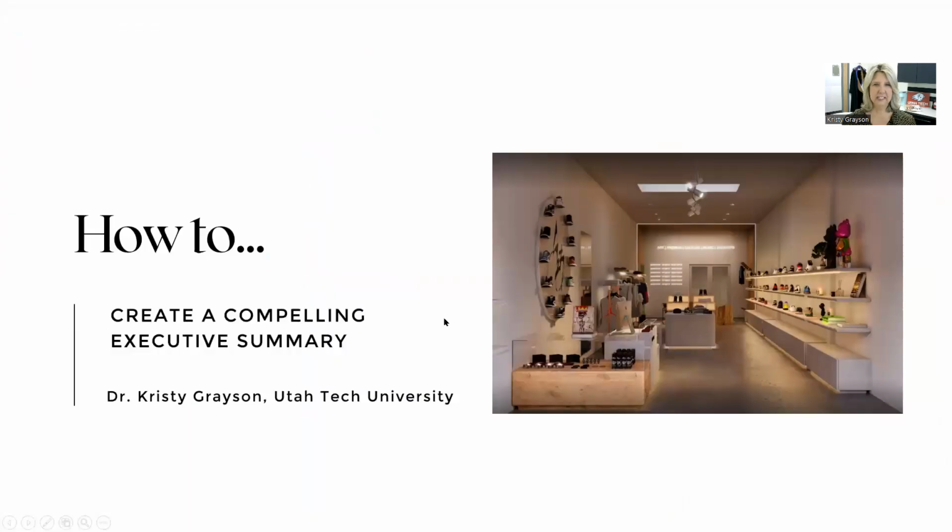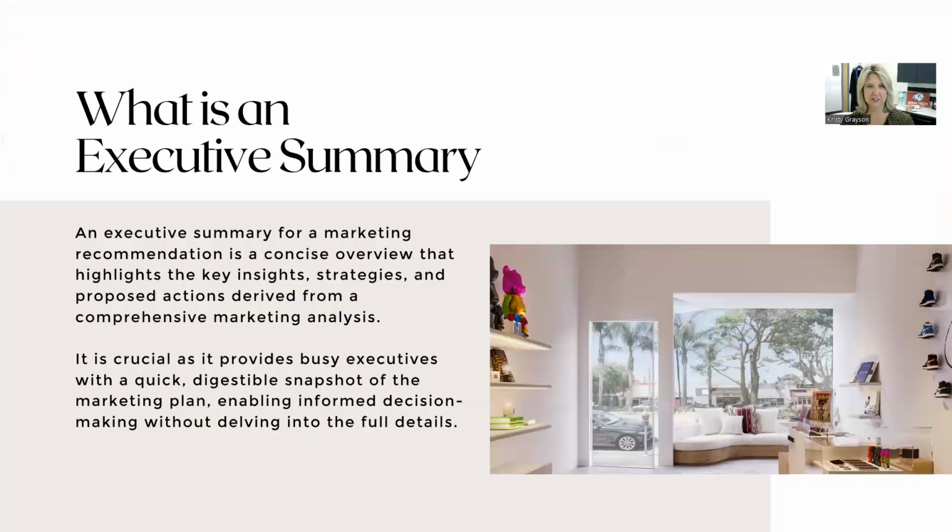So how do you create a compelling executive summary that will provide enough information for the decision maker, but not too much to overwhelm them, where they're going to either tune out or ask you to just hand them over a document? An executive summary is basically your recommendation with an overview of the problems, the highlights, the insights, the strategies, and the action plans that you have in a broader plan.